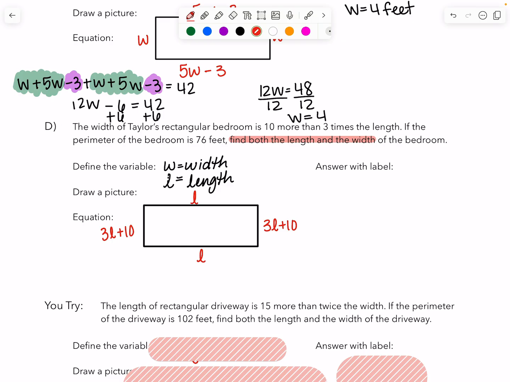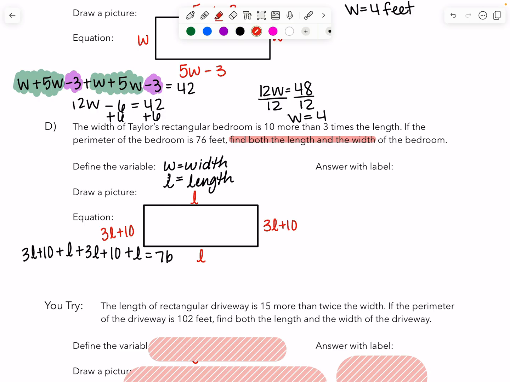All right. So finding our L, let's go ahead and give our equation. 3L plus 10 plus L plus 3L plus 10 plus L, and then our total is 76 feet.